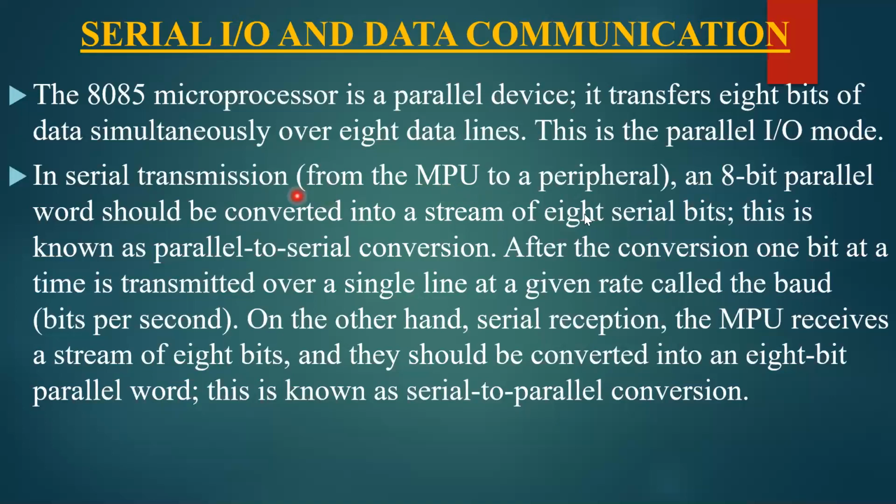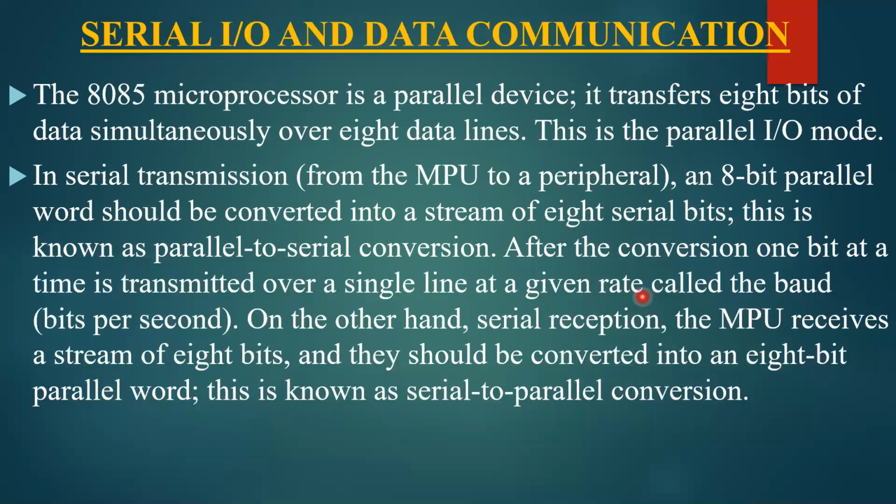That is, an 8-bit parallel word should be converted into a stream of 8 serial bits. This is known as parallel to serial conversion. After the conversion, one bit at a time is transmitted over a single line at a given rate called the baud, that is, bits per second.